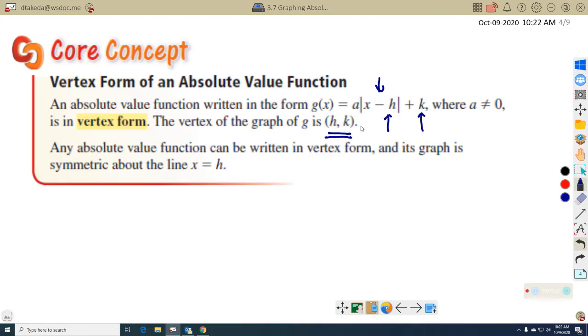Right? So (h, k). It also says any absolute value function can be written in this form, and its graph is symmetric around the line x equals h. So that vertex point splits the absolute value graph vertically.